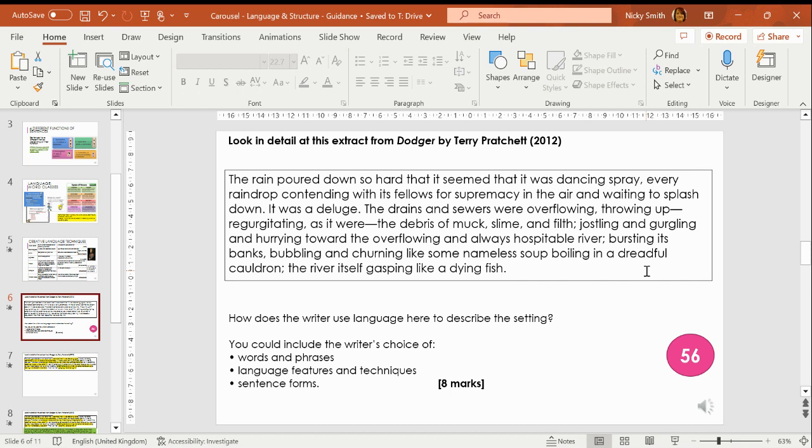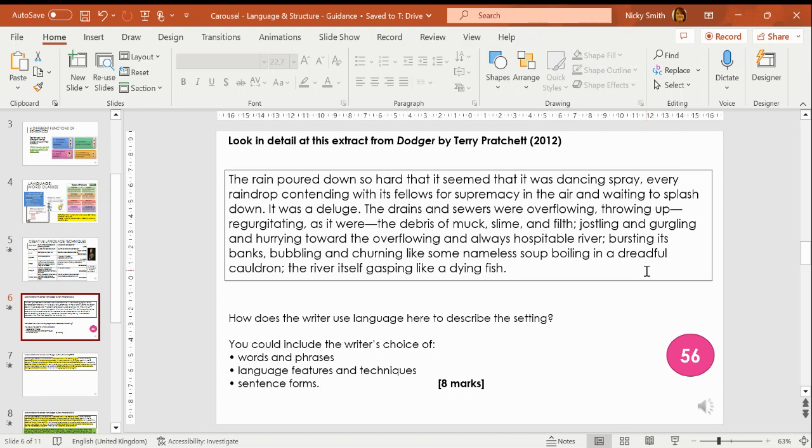The drains and sewers were overflowing, throwing up, regurgitating, as it were, the debris of muck, slime, and filth, jostling and gurgling and hurrying towards the overflowing and always hospitable river, bursting its banks, bubbling and churning like some nameless soup boiling in a dreadful cauldron, the river itself gasping like a dying fish.